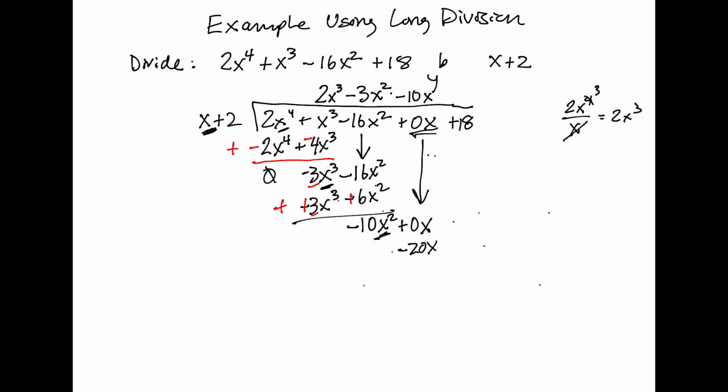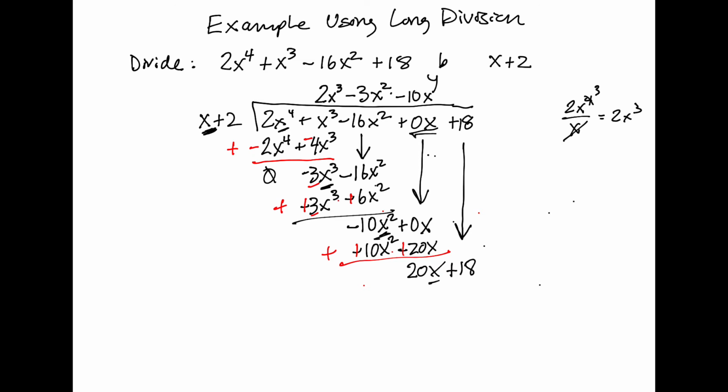And negative 10x times x is negative 10x squared. Let's add the opposite. Plus, plus, plus. Add straight down. We get 20x. And we bring down our last number here, which is a 18.